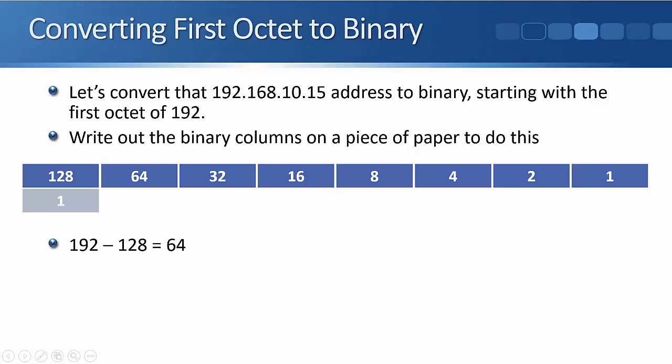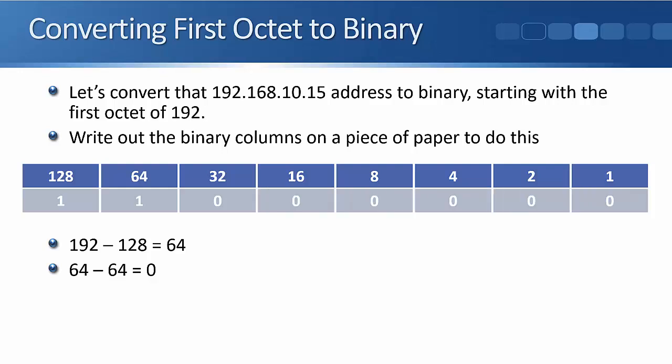We then go to the next column and see, does 64 go into 64? Yes, it does, so we put another 1 in there. We then take the 64 away and we're left with 0. Then does 32 go into 0? Obviously not, so we put a 0 there, and it's pretty obvious we've got 0 left, so we're going to have 0 on all of the rest of the columns.